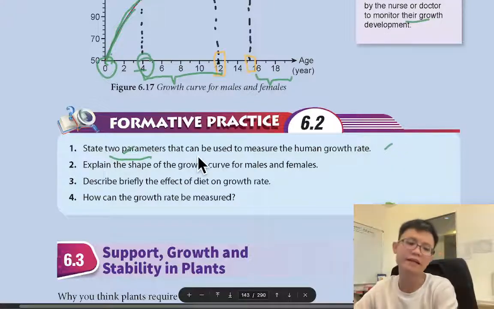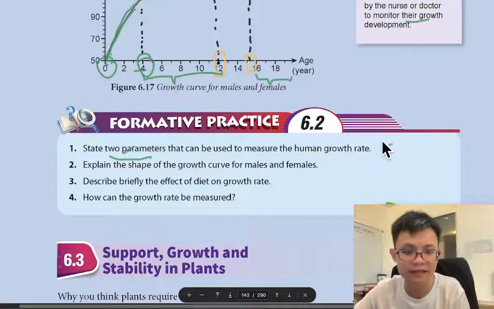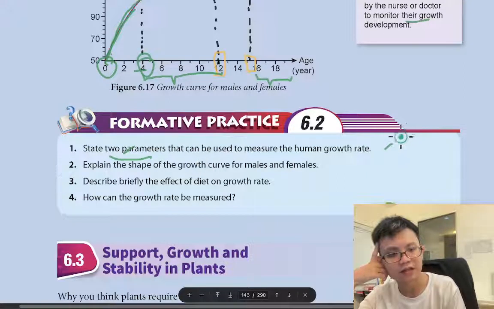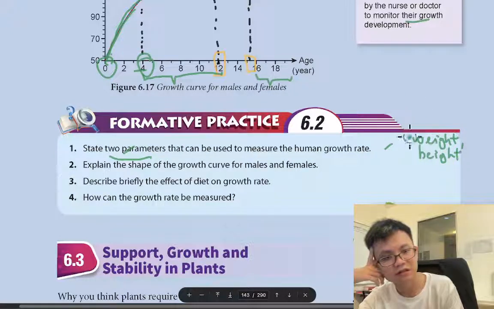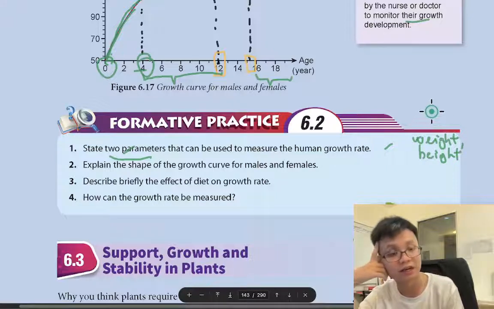For this one I think maybe we can say age, maybe weight and height. Okay, two things that we can measure. So probably this will be the responding variable. Manipulated variable will be the age.